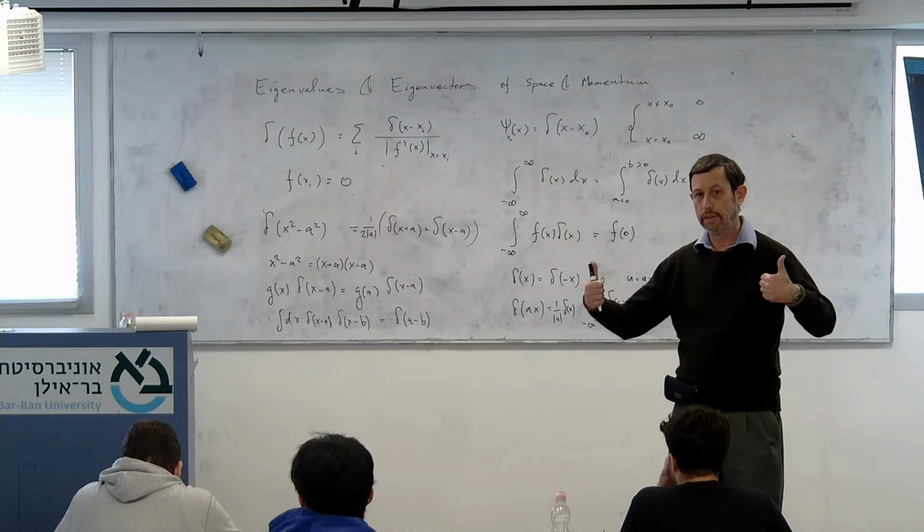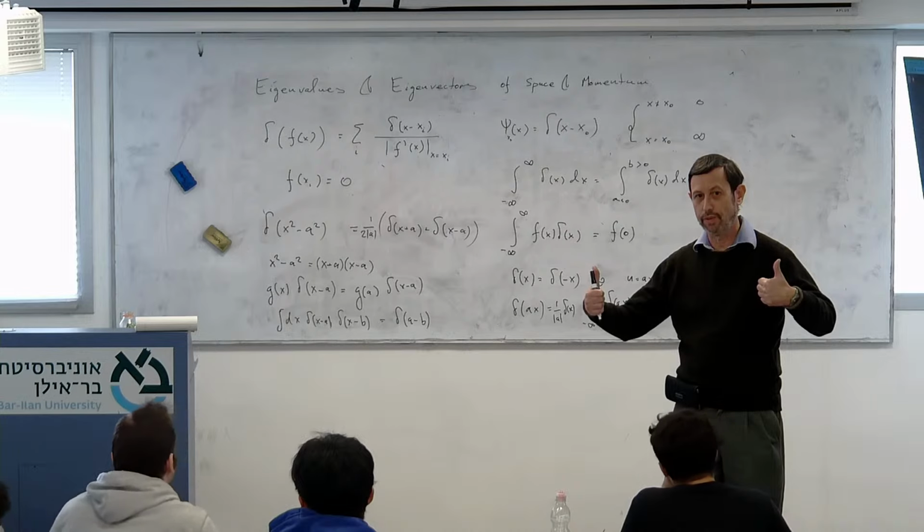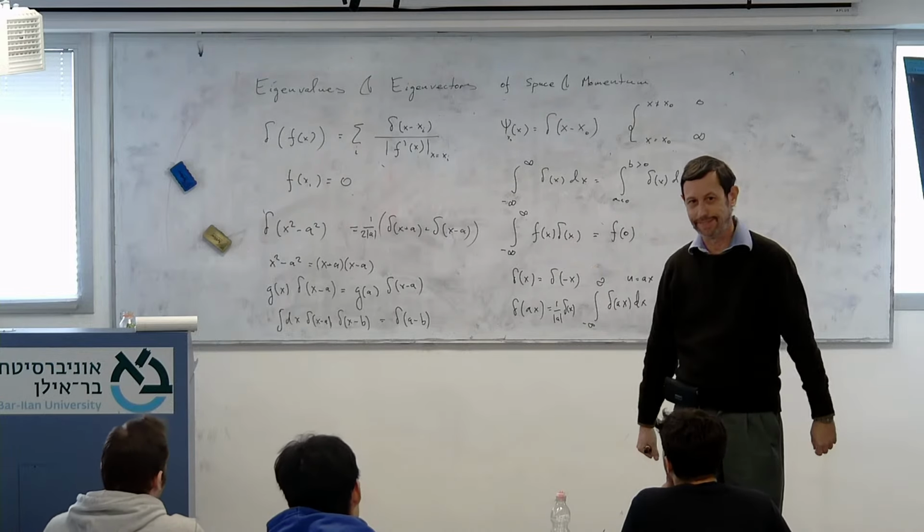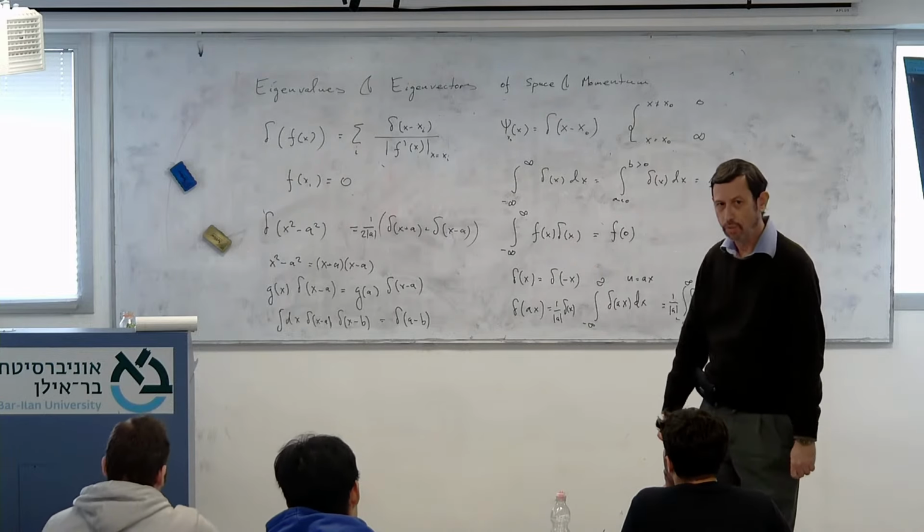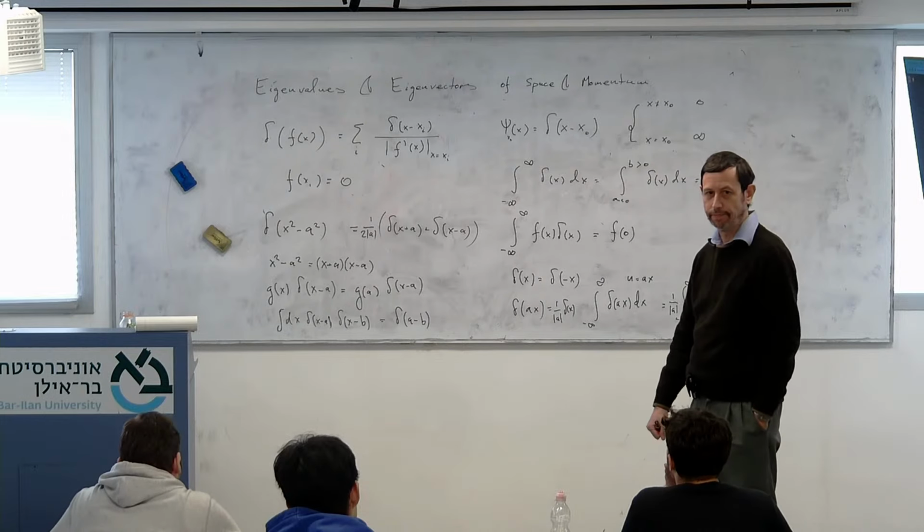The only place that it doesn't go to 0 is if the two deltas sit one on top of the other.